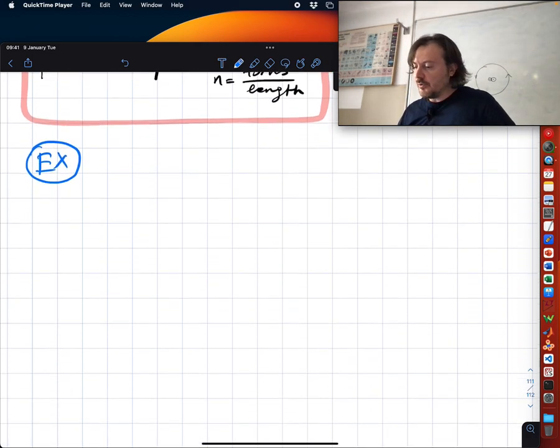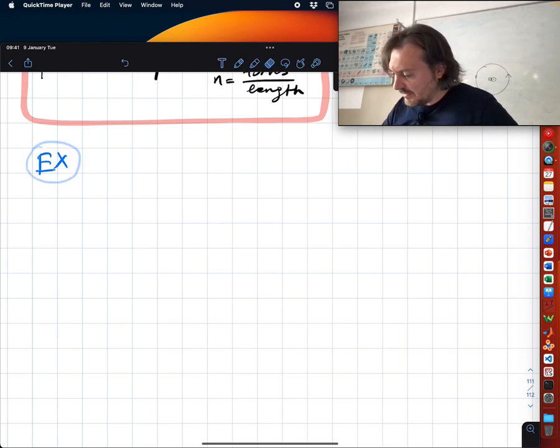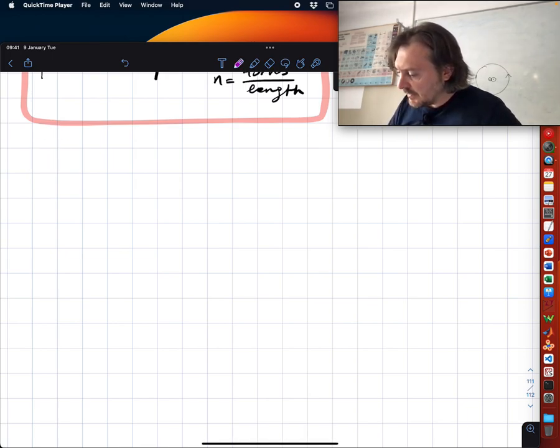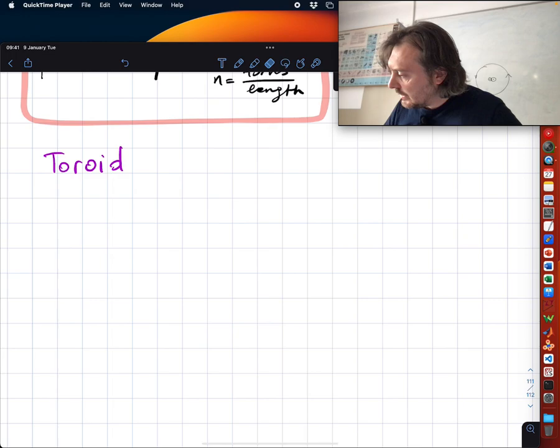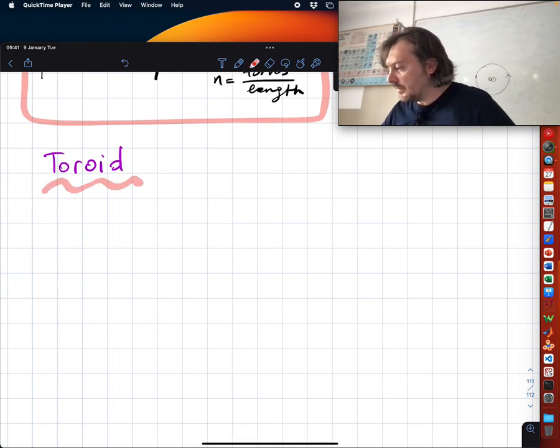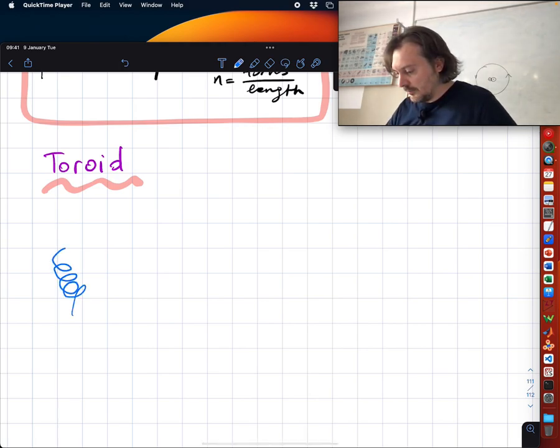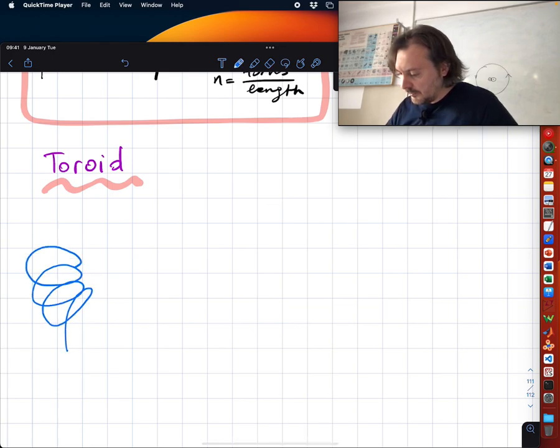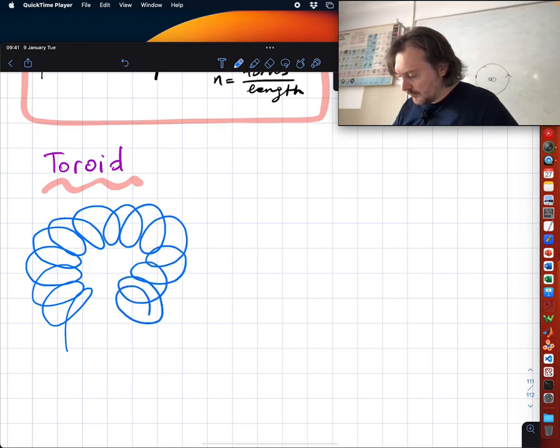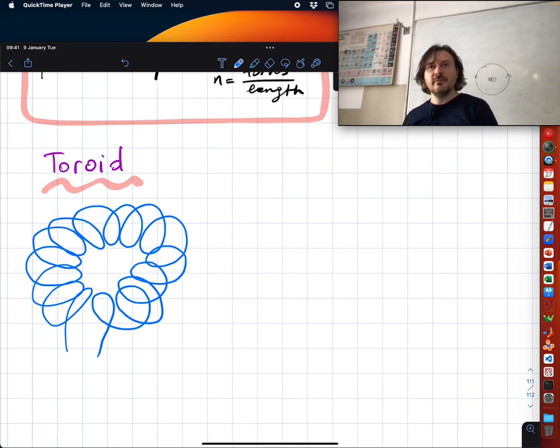You can think of a toroid as well. Let's talk about the toroid. A toroid is when you have a solenoid wrapped into a circle like this. Let me make it larger. So it has an inner radius.